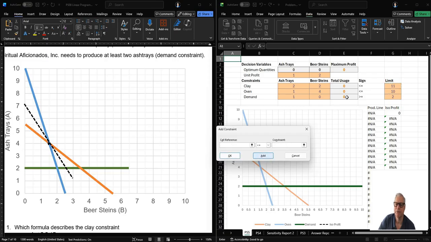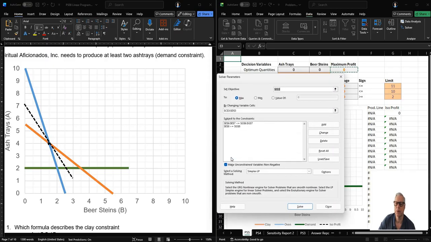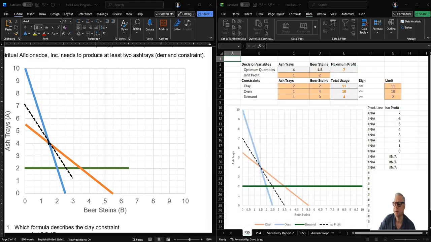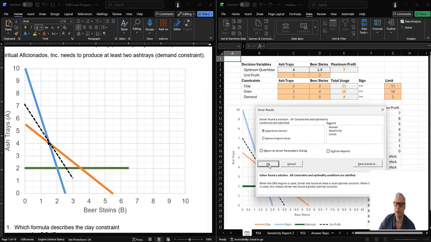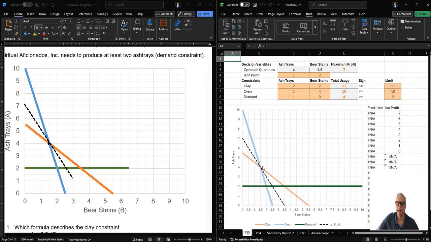Now we add the final one where the total usage, the demand, has to be greater than or equal to the 2. Okay. And so that's it. So now we say, okay, keep the solver solution. And you see we have here exactly the same problem that we derived manually.